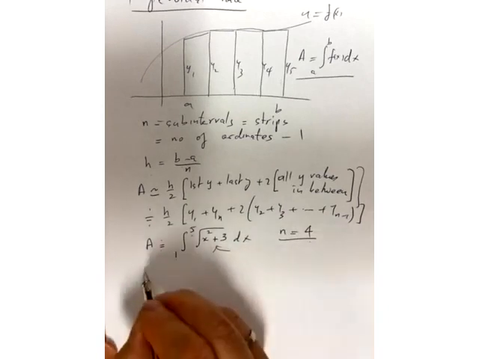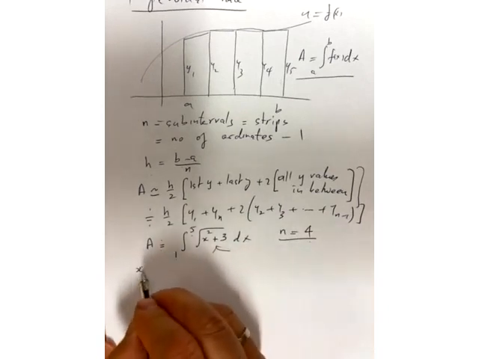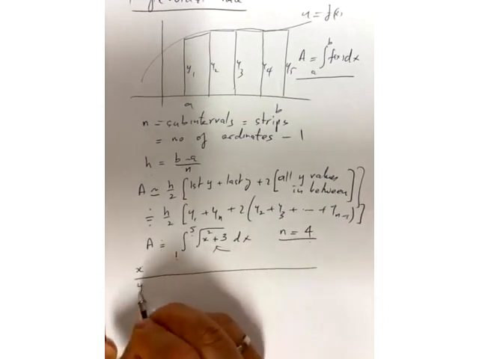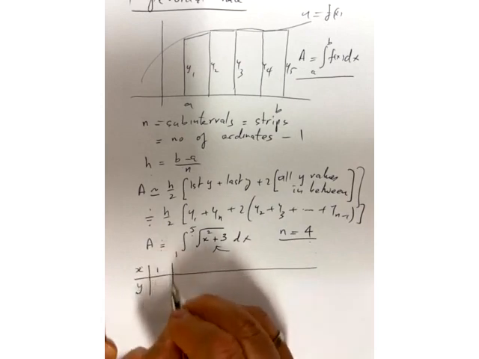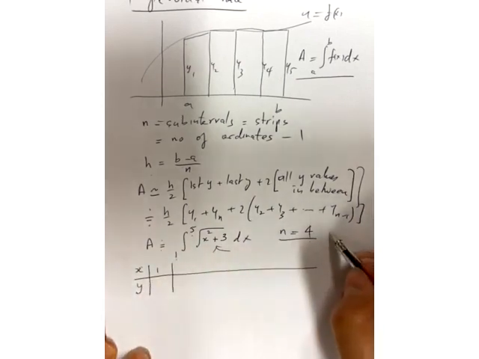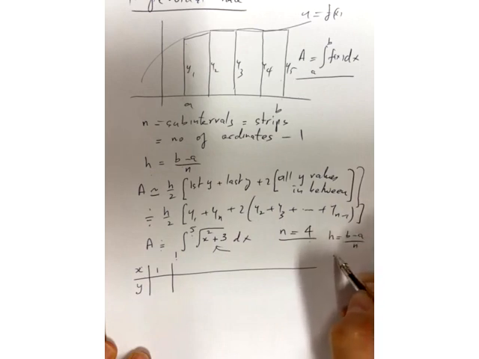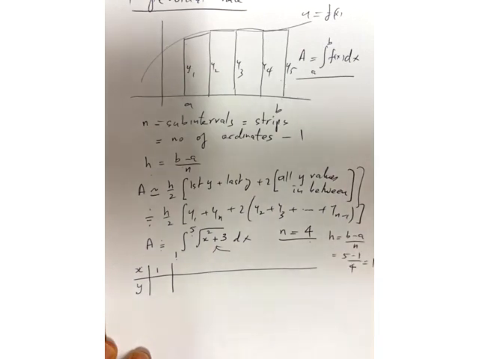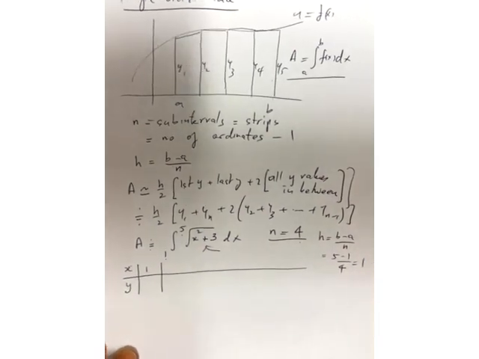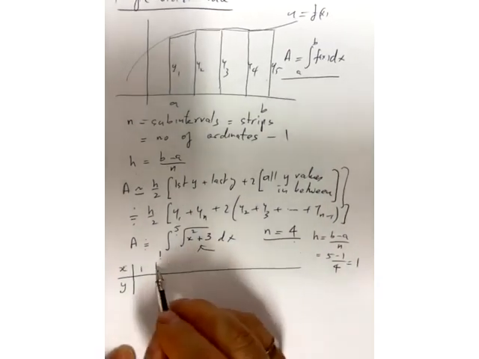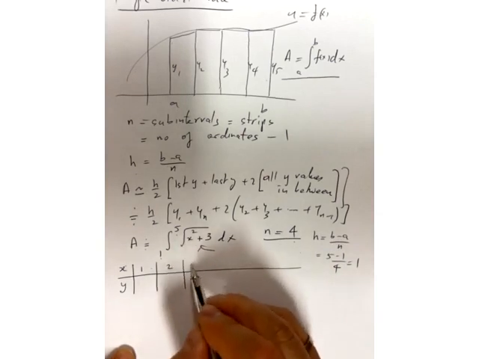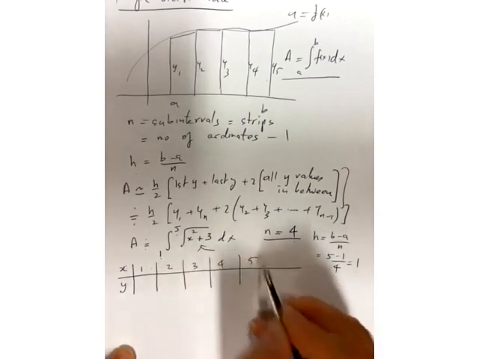So like I said, the best way is to draw a table. You start with x value, y value. You've got to work out the h first before you start anything. So h equals b minus a on n, and that will be 5 minus 1 on 4, which is 1. So h equals 1, and that means x goes up by 1: 1, 2, 3, 4, and then 5.